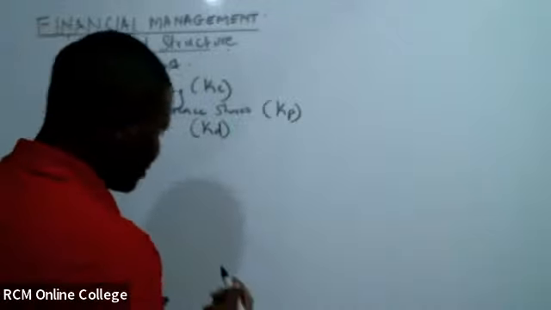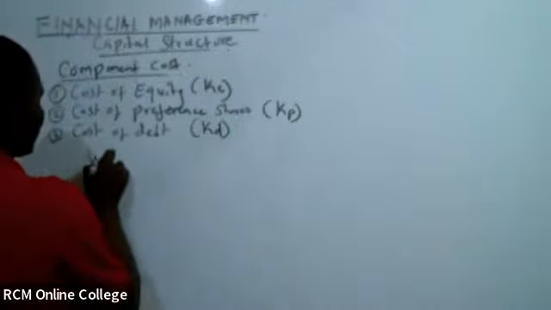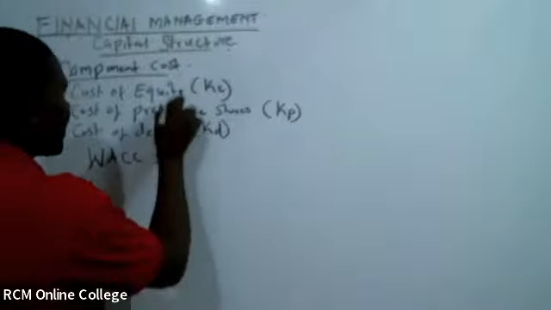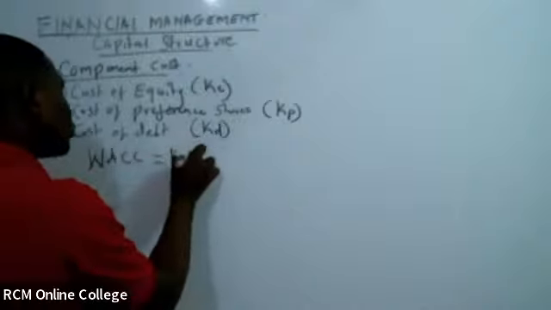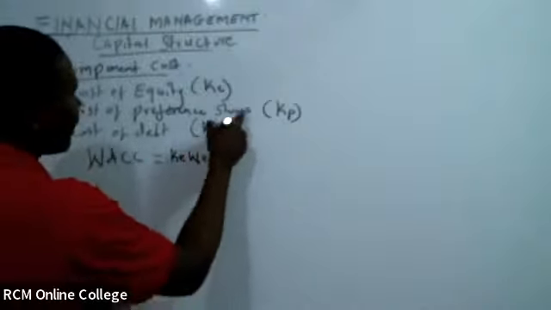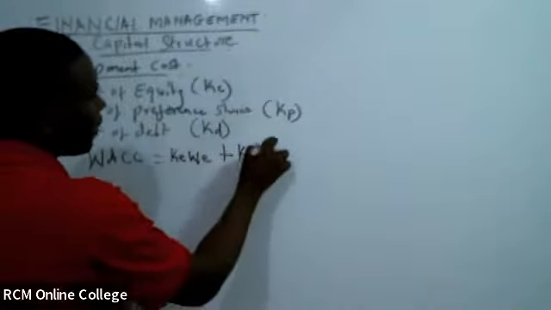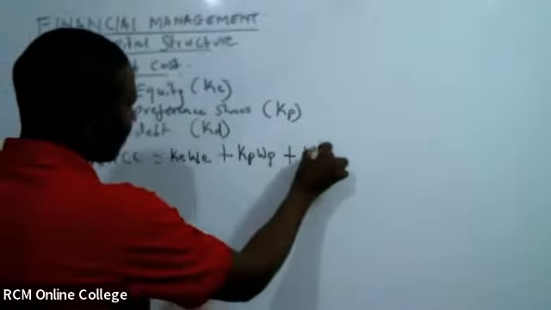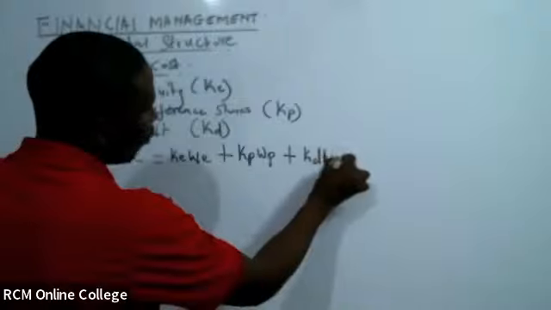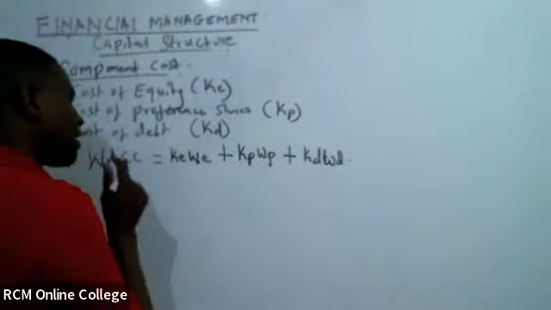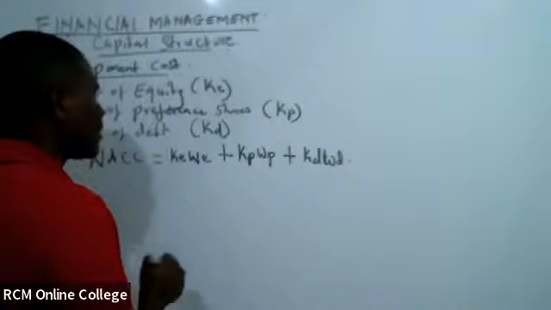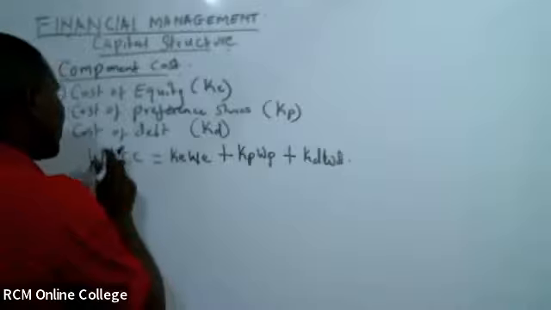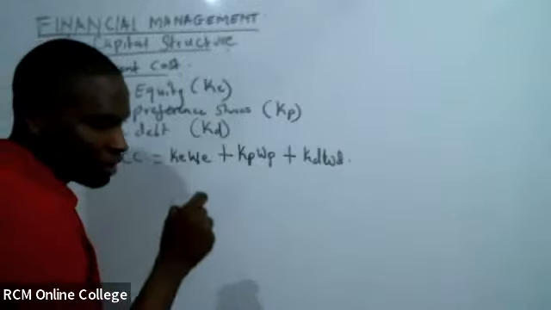To get the WACC or WMCC, which is the main thing here, WACC will be given by the cost of equity multiplied by the weight of equity. You add the cost of preference share multiplied by the weight of preference share, then you add the cost of debt multiplied by the weight of debt. So you will be required to have the three. This is in the case of computing WACC, weighted average cost of capital.